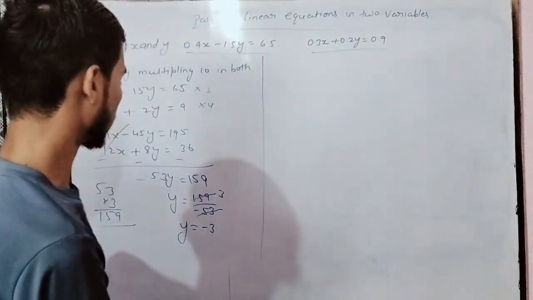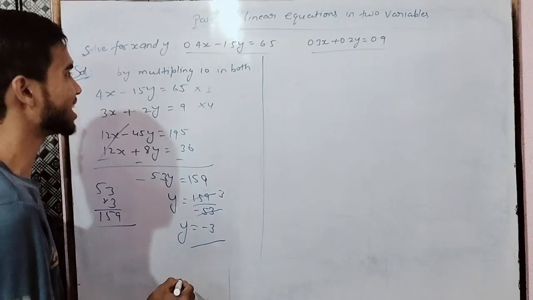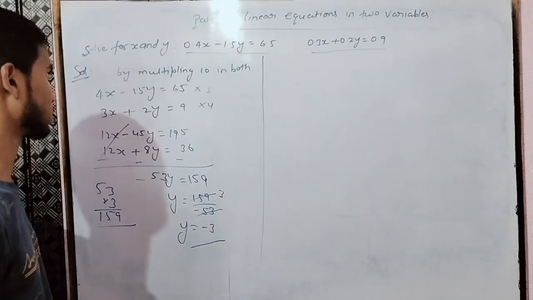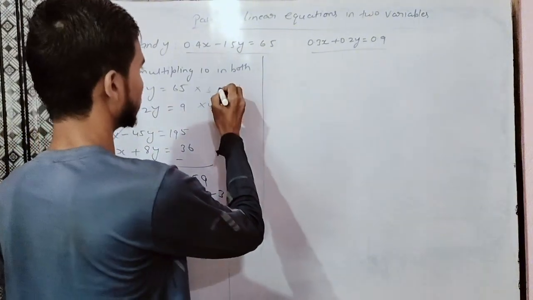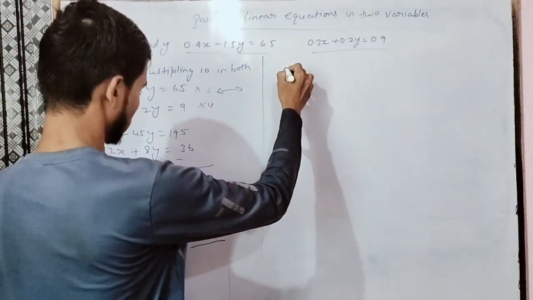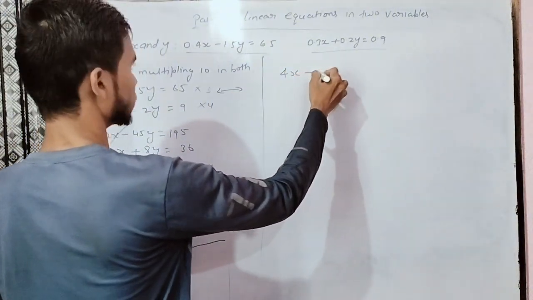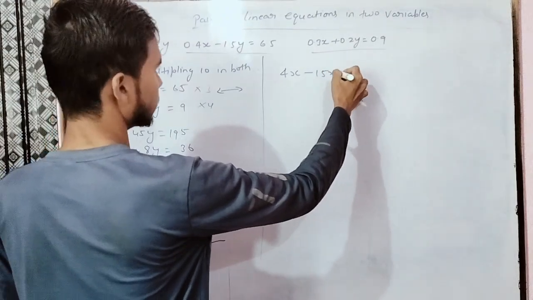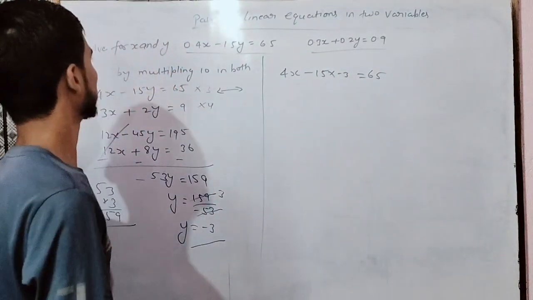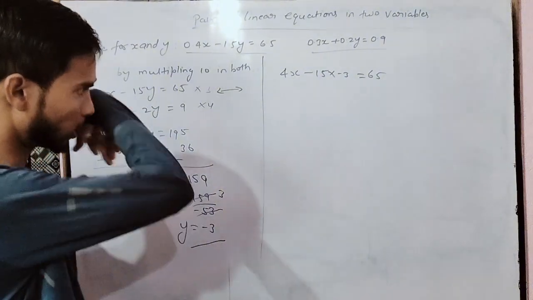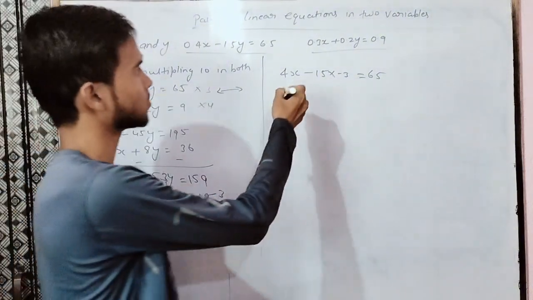Now we will substitute the value of y in any equation. Let's put it in this one. So 4x minus 15 multiplied by minus 3 equals 65. Clear? Okay, no problem.